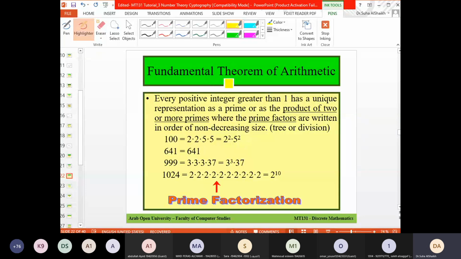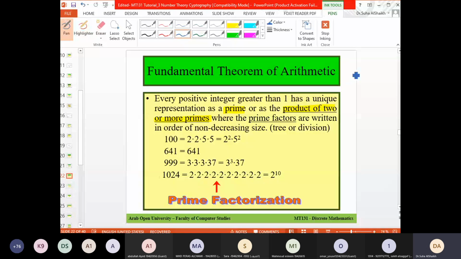Okay, the fundamental theorem of arithmetic states the following. Every positive integer greater than 1 has a unique representation as a prime or as a product of two or more primes. Meaning any number is either a prime or a multiplication of primes.